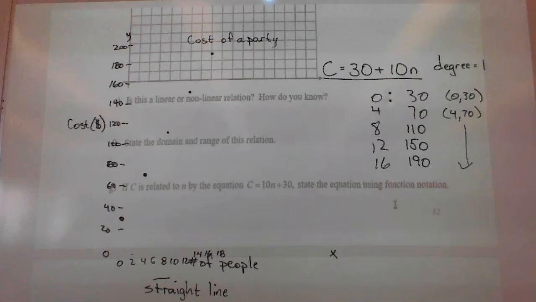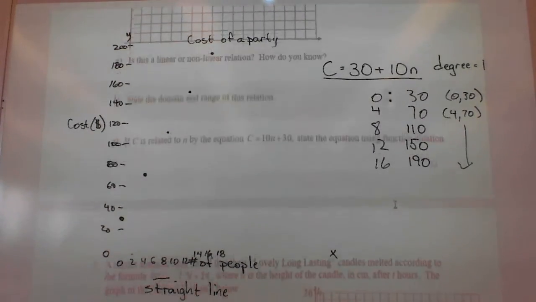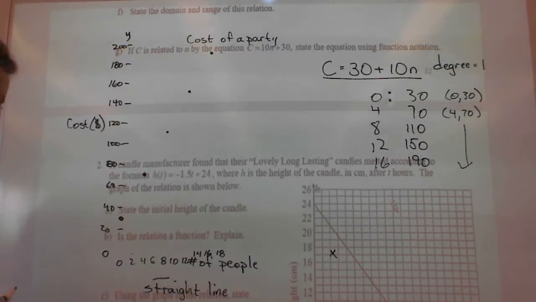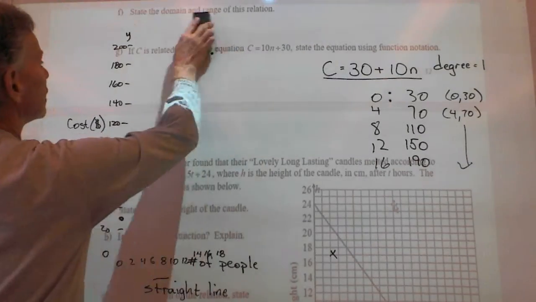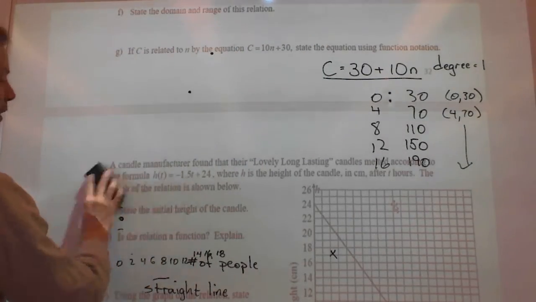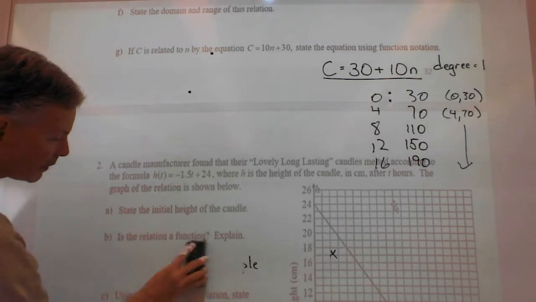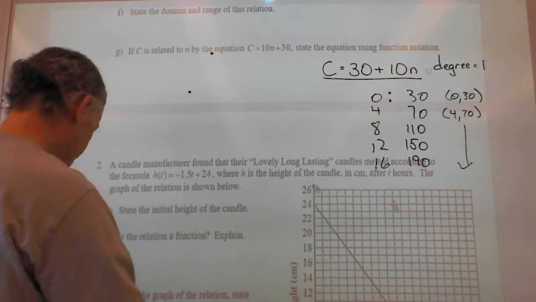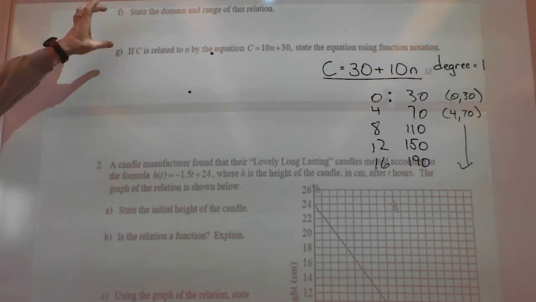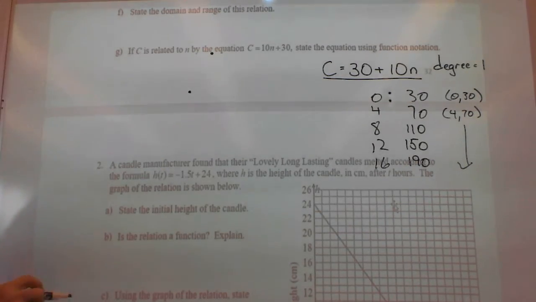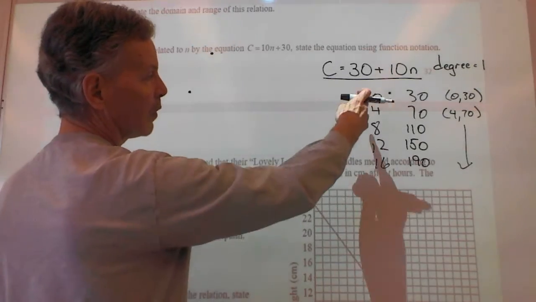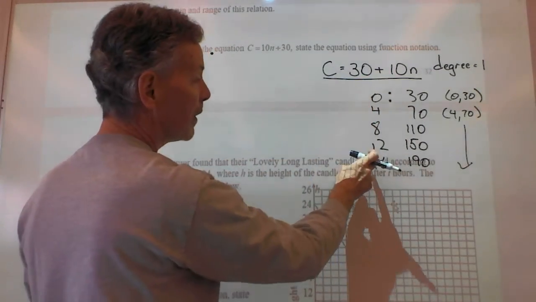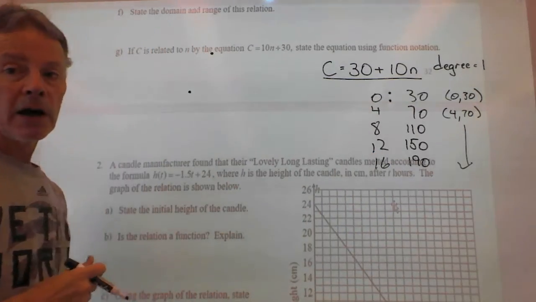Let's keep on going. State the domain and range of this relation. Now, this is another place where it seems some of you are having difficulty, so we're going to state the domain and range using set builder notation. Okay? So remember, our domain, we were told you can have as few as 0 people, but the maximum number of people you can have is 16.